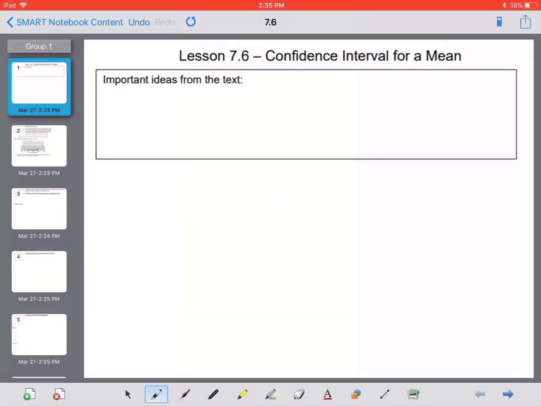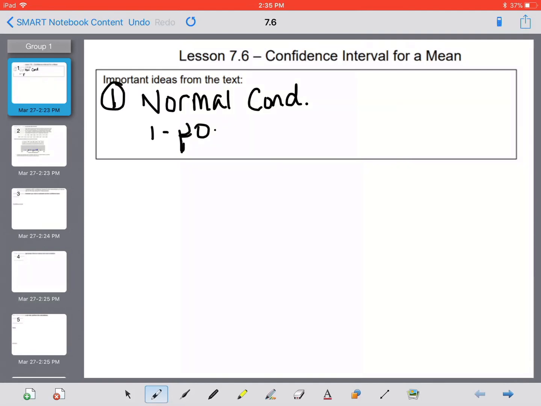Hey everybody, we're going to be talking about confidence intervals for a mean. First, the important ideas from the text, normal conditions. The first one being, is the population normal?